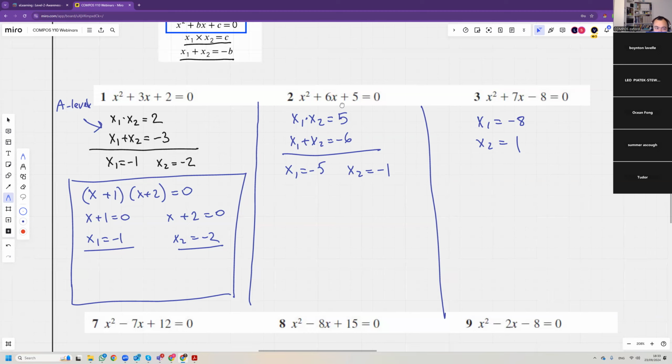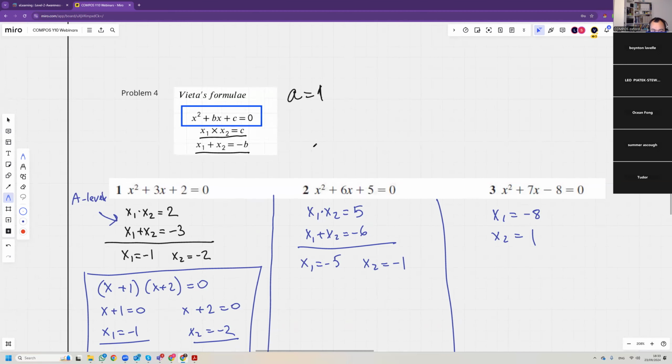Just like when you do factorization, it's going to be x plus 5 and x plus 1. That's exactly what you do, except you have x1 and x2, and they have to multiply to 5, and x1 plus x2 has to add to minus 6. So it's going to be minus 5 and minus 1.